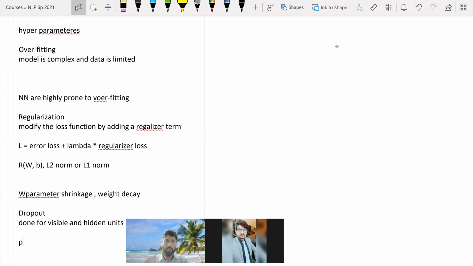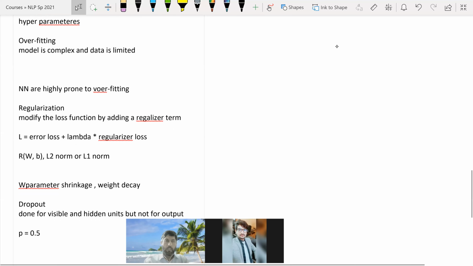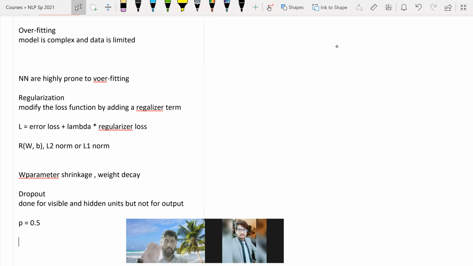Let's say I'm talking about some hidden node, and let's say this P is 0.5. I will generate a random number for each node and see if it is greater than, for example, 0.5, you select the node. If it's less than 0.5, you drop that node. And you do this for all nodes in a particular hidden layer.